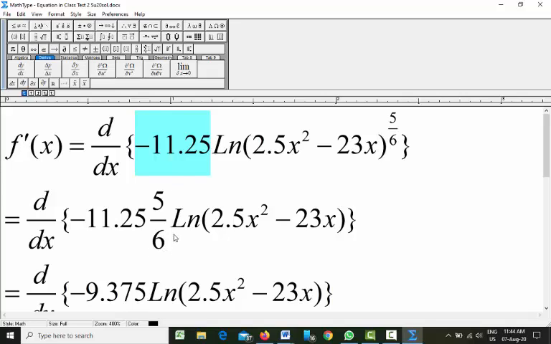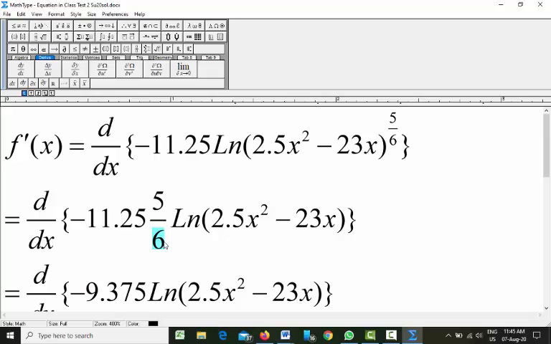Now this 11.25 will get multiplied by 5 and then divided by 6.